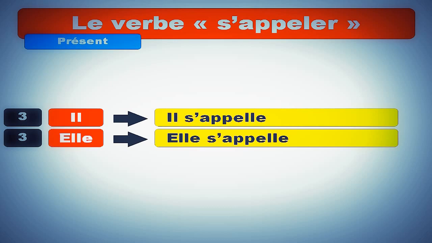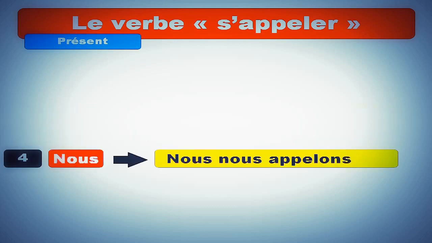Elle s'appelle, okay? And then for nous, so some of my students find it quite strange, but then that's the form for these verbes pronominaux. You've got to repeat nous again. So you get this nous, and then appelons, okay? Keep in mind and try to remember that for this form, you've got only one L. If you compare it to je, tu, il, elle, you can see that for nous, this L, there is only one, okay?